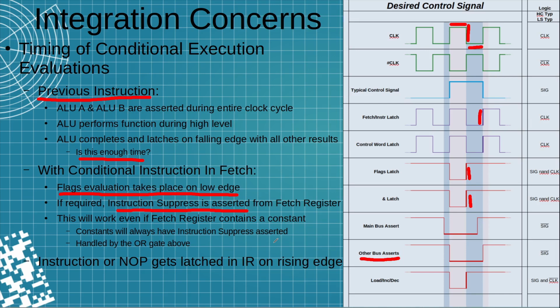So regardless of whether that evaluation turns true or false, that constant is never going to be interpreted as an instruction and make it up into the instruction register. But regardless, the instruction or no-op has to be latched on the rising edge. So I only have half of a clock cycle to determine the results and a half of a clock cycle in order to determine what the next instruction is going to be.